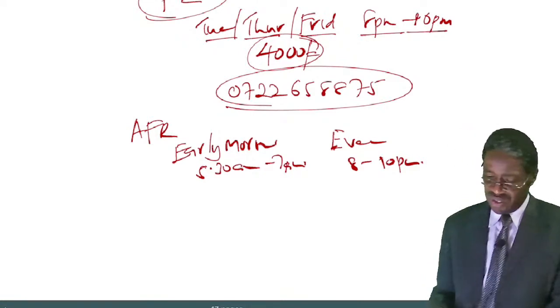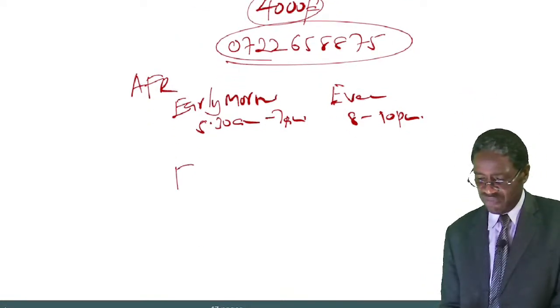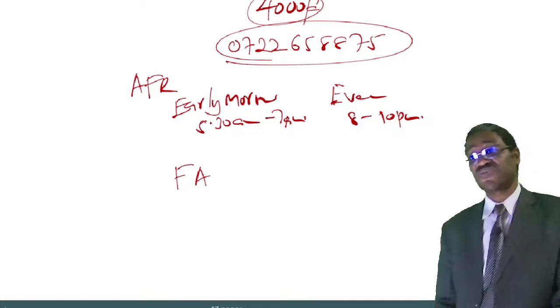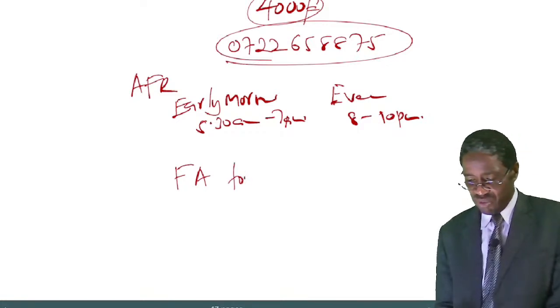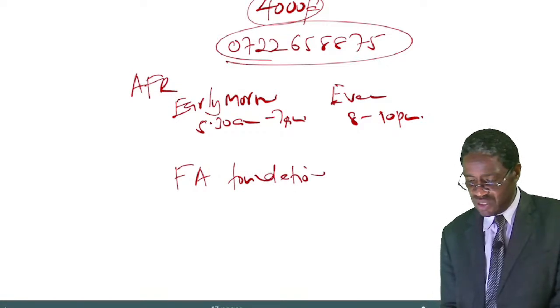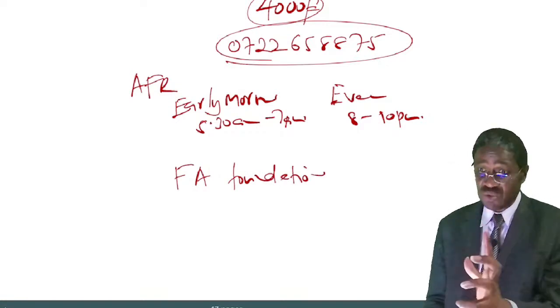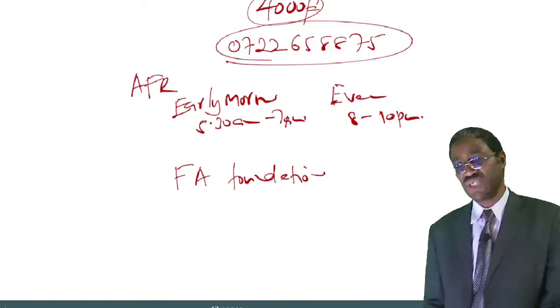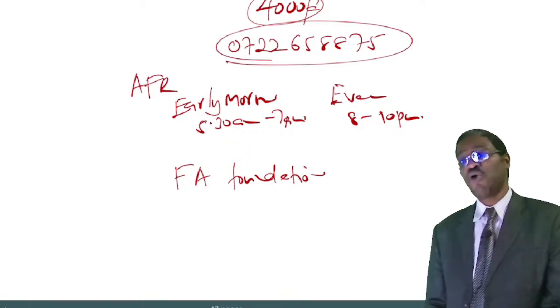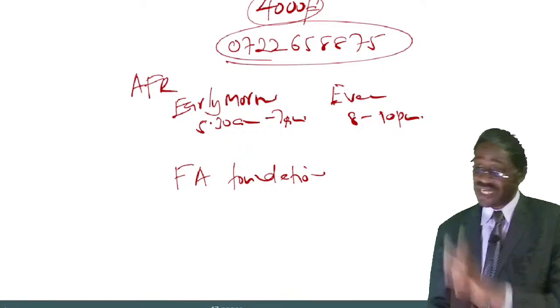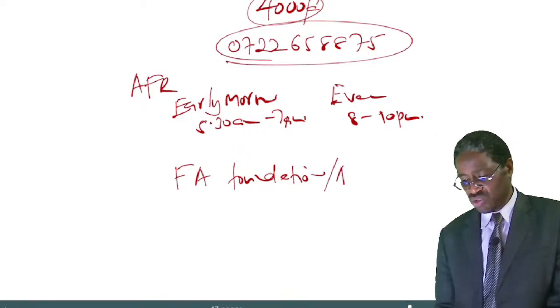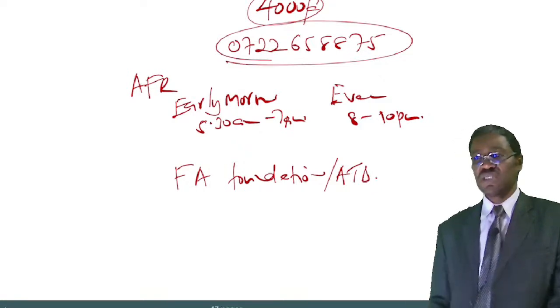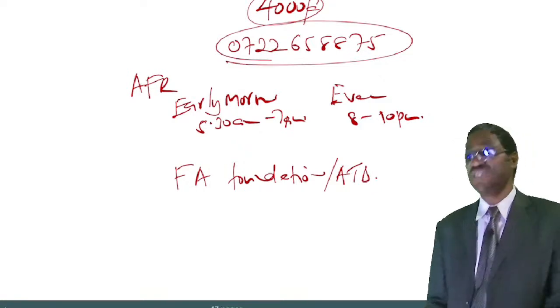Okay, good. I also teach foundations, that is financial accounting at the foundation level, for your friends who have not yet started accounting and would want to start. Tell them I'm also teaching financial accounting of the foundation level. That is what used to be section 1. And also the one for ATD. There is an accounting paper for ATD.